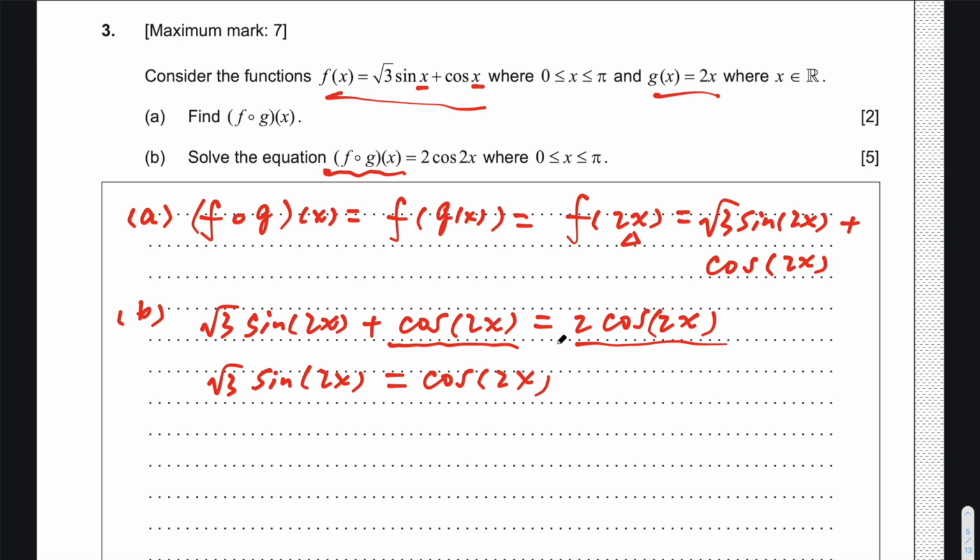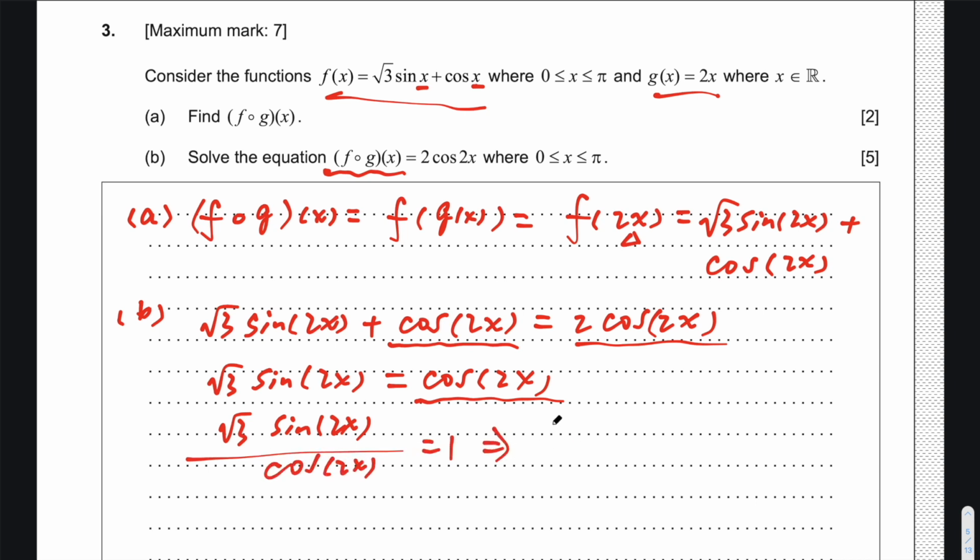Subtract cos of 2x from both sides. And we notice that if we divide both sides by this cos of 2x, we get a tangent of 2x. Okay, so let's do that. Root 3 sine 2x divided by cos 2x is equal to 1.